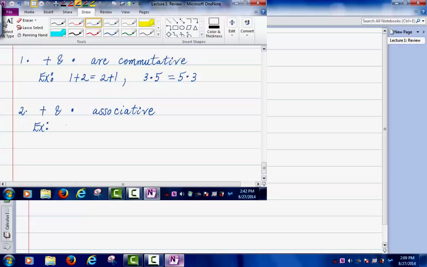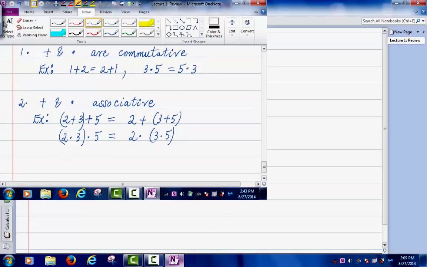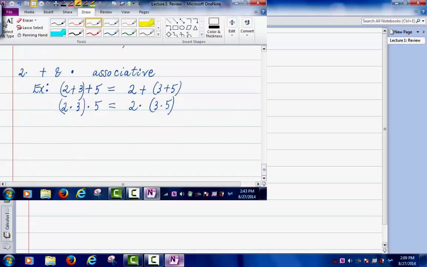It means that if I am adding 2 plus 3 plus 5, I can either add the first two numbers and then add the third one to the result, or I can add the second two numbers and add the result to the first one. And similarly for multiplication, 2 times 3 times 5. Okay? So that's what we mean by the associative property.